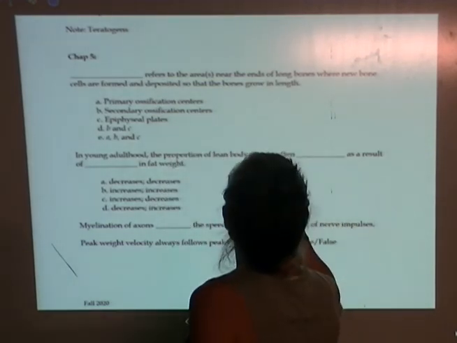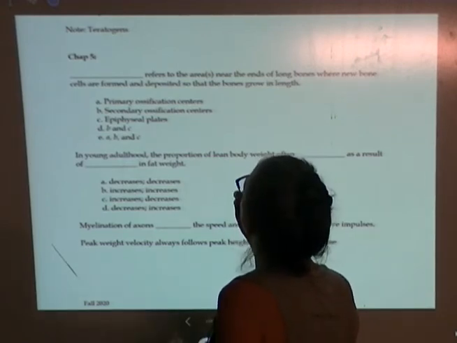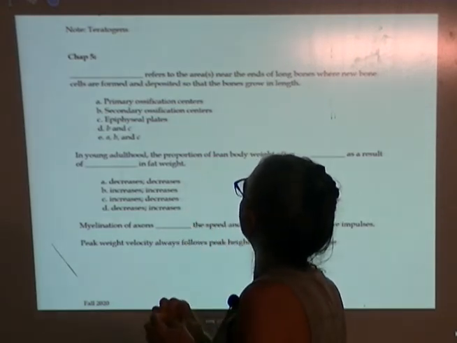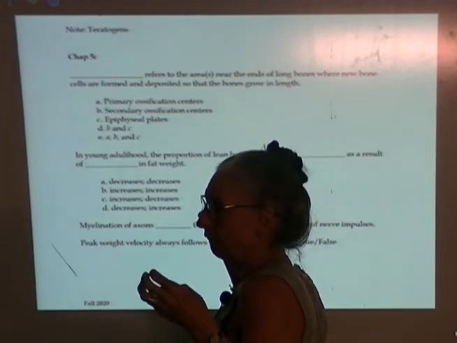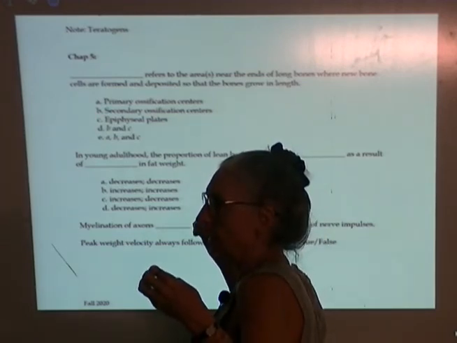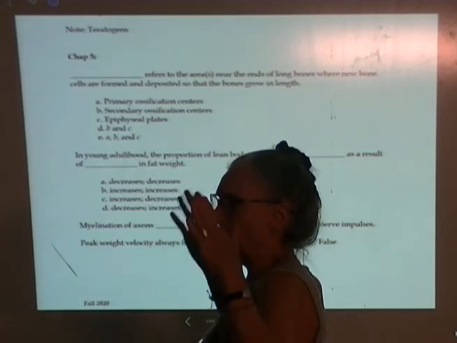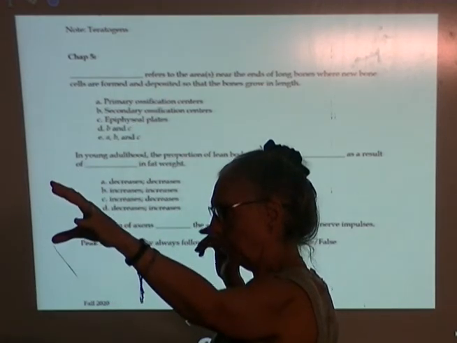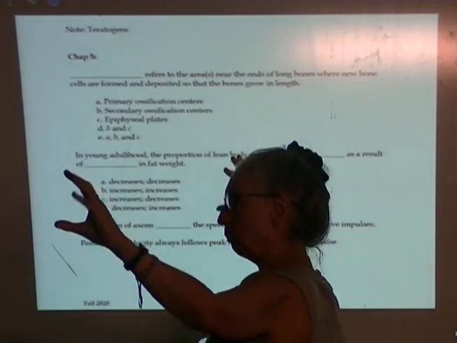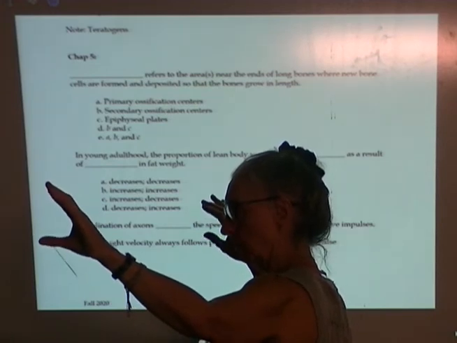Then I'm looking at new bone cells being deposited so that the bones grow in length. All right? So then it's a question of remembering primary was in the prenatal period, secondary is in the postnatal period. Right?